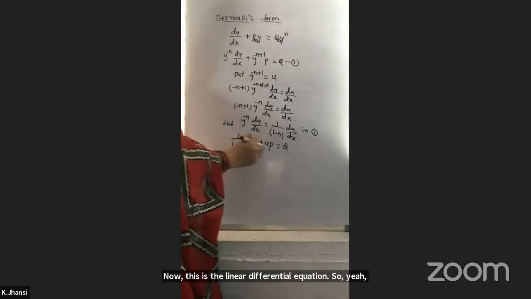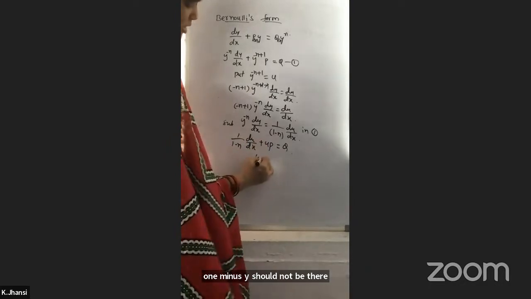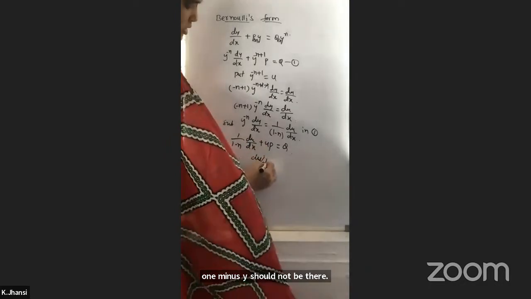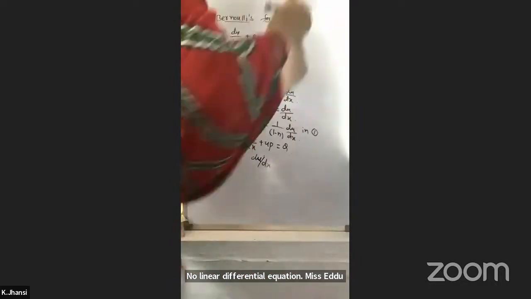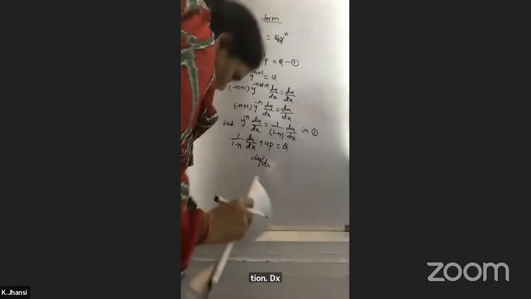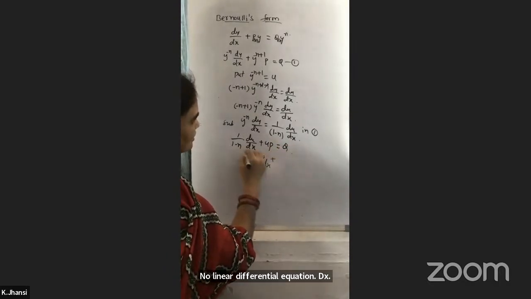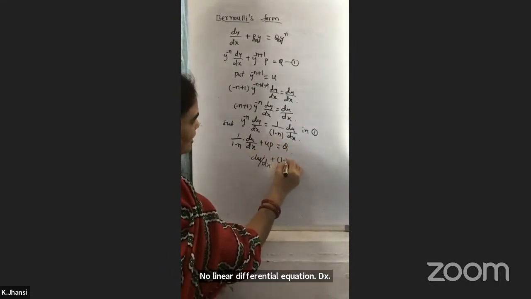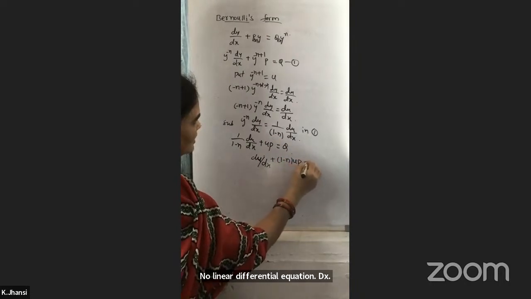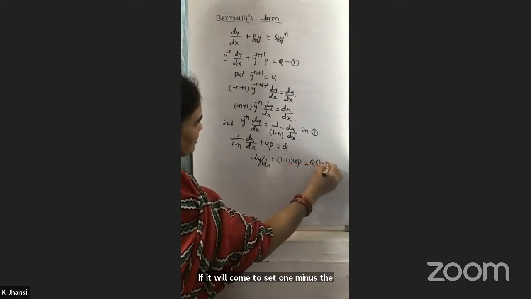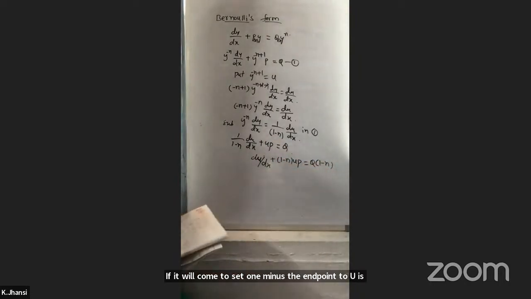So linear differential equation means du/dx plus 1 minus n into u into P equals Q into 1 minus n.